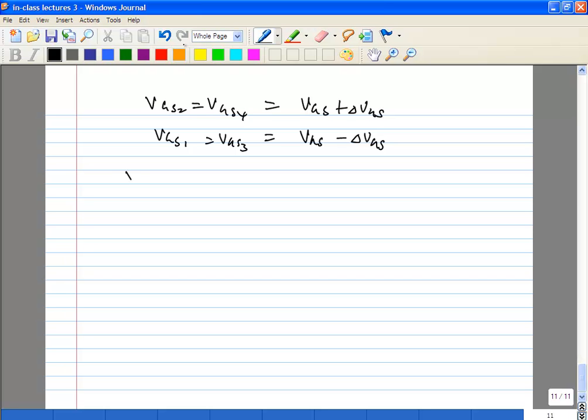Now we are calculating VAB. That's VA. That's VB.